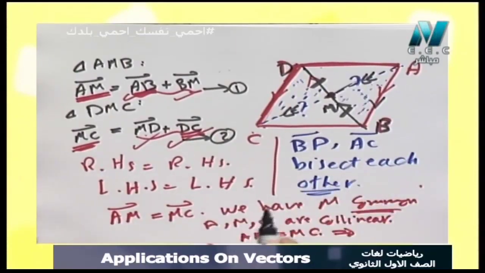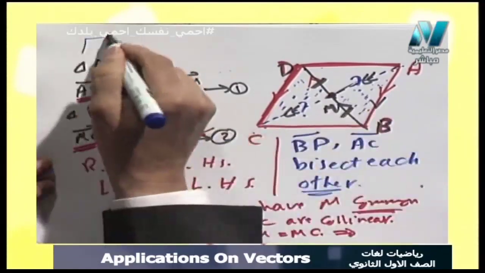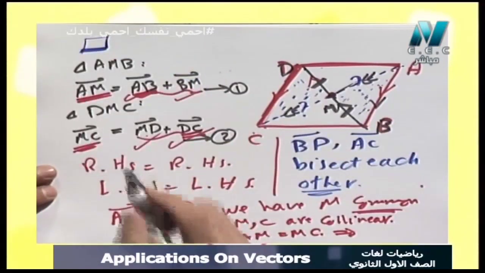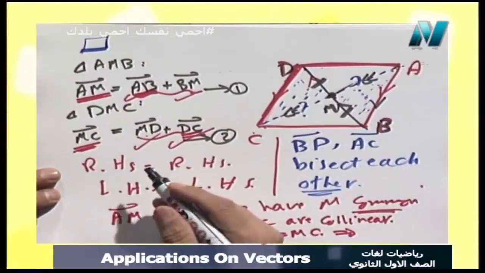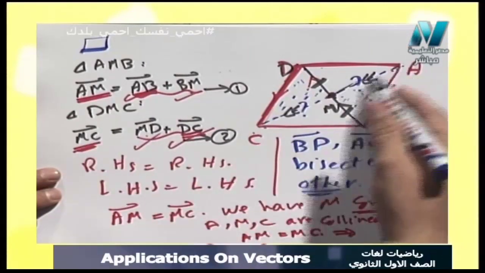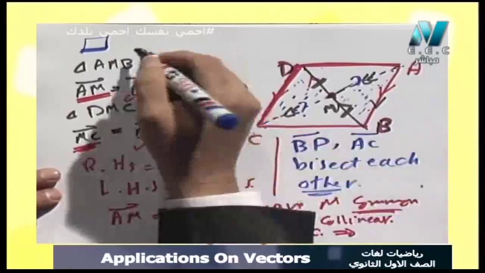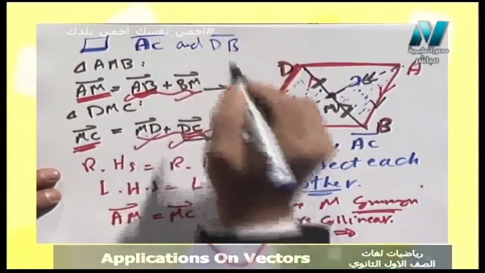So again, what is the request of the question? We have here a parallelogram. This parallelogram has diagonals AC and DB, and what is required is to prove that the two diagonals AC and DB bisect each other.